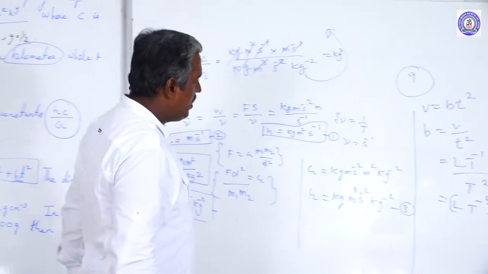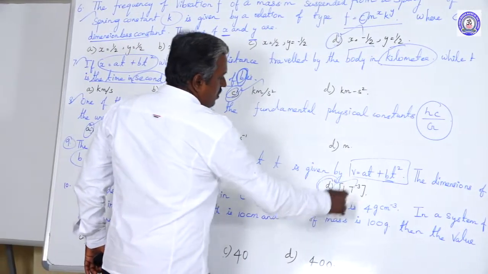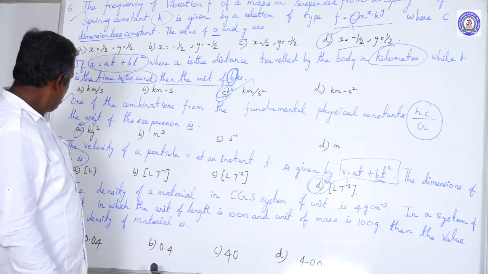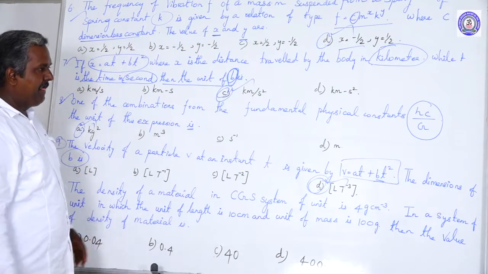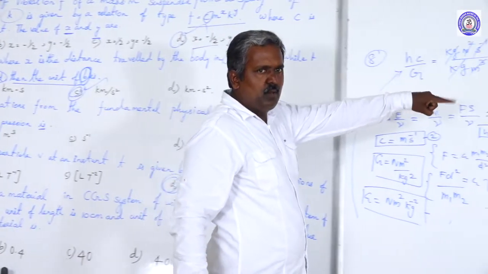Correct? Very simple. The option is the fourth option, L T power minus 3. Okay? Clear this? Ninth one. Okay?